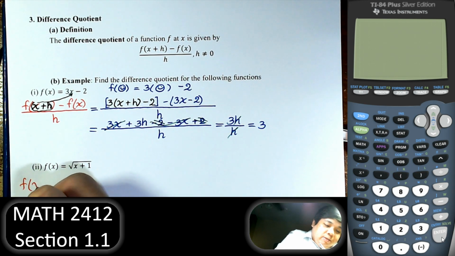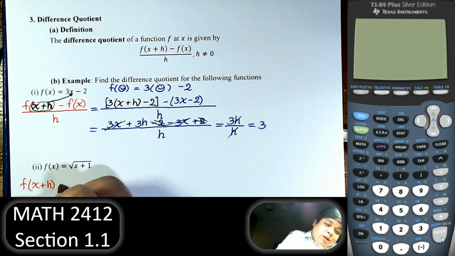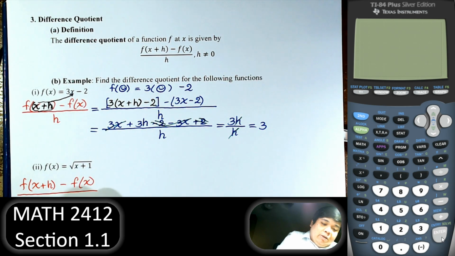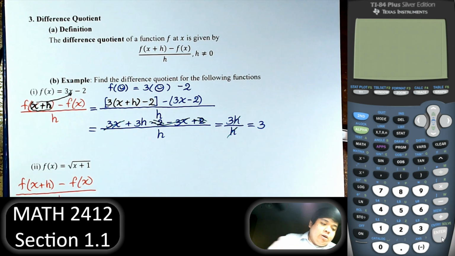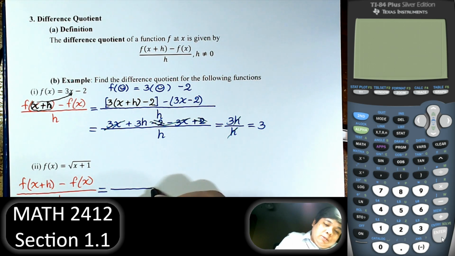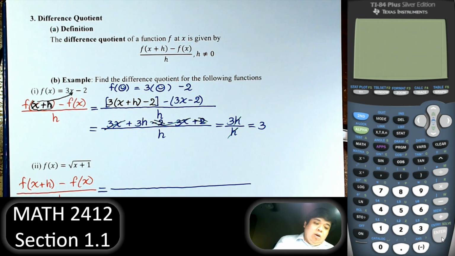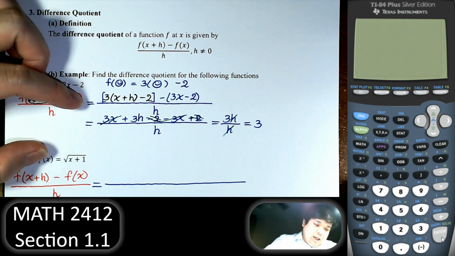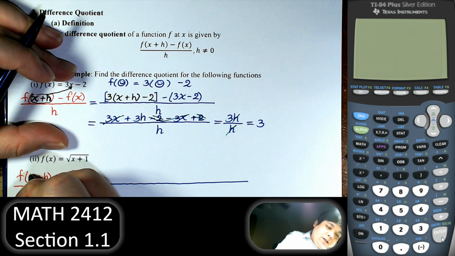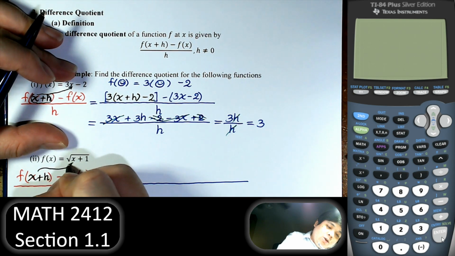The function's difference quotient is f of x plus h minus f of x, all over h. First, f of x plus h. What we do is substitute x plus h into x here.